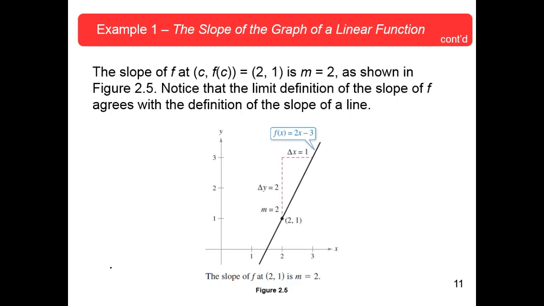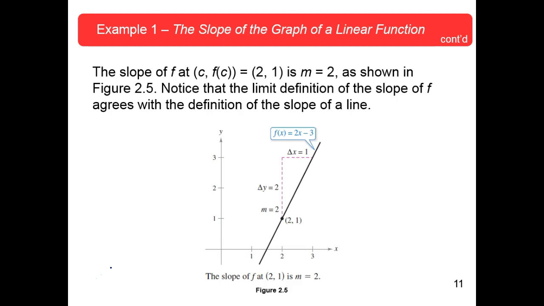So the slope of f at c, where c is 2, we already did that. That was 2 times 2 minus 3, which is 1. That slope m is equal to 2. So if you drew this thing here, x, y, and when x is 2, y is 1, you got that by plugging in. If we had drawn this out here, there's -1, -2, -3.